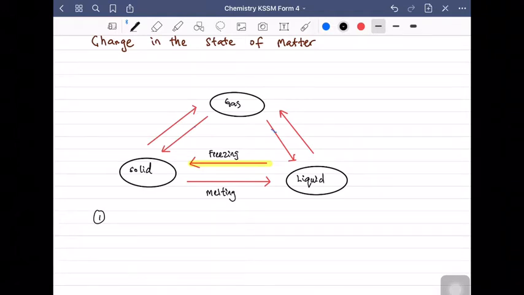When a liquid changes to gas, we call it as boiling process or evaporation. And from a gas change to liquid, it is known as condensation. Alright, solid can change into gas directly without undergo the liquid phase as well, and this process is known as sublimation.